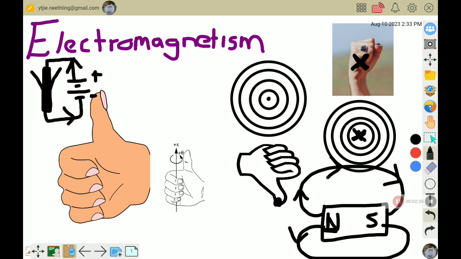A magnetic field is only a space where any magnetic substance will experience a magnetic force. Anytime I bring a compass needle close to this current carrying conductor, you will see that needle moving in a specific direction because it will experience a magnetic force.